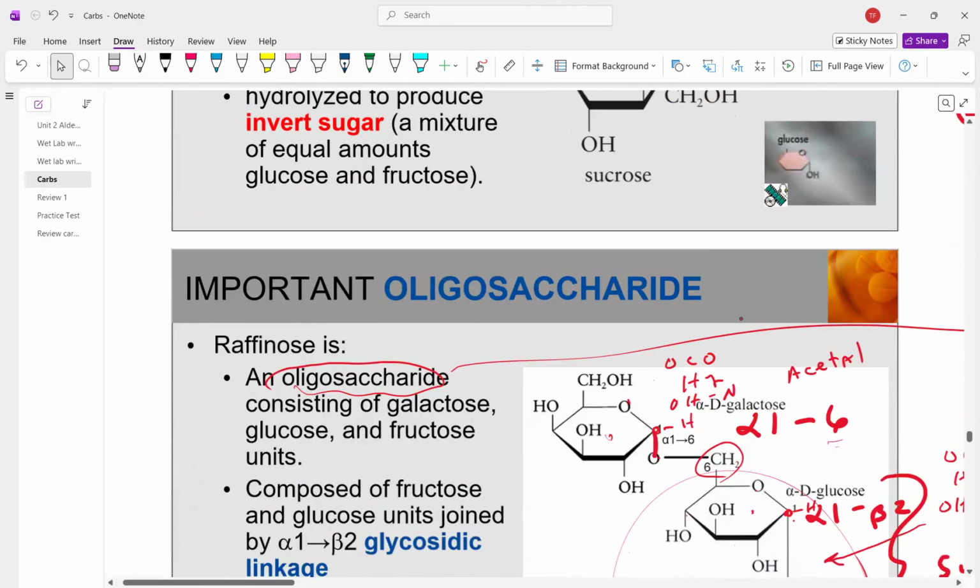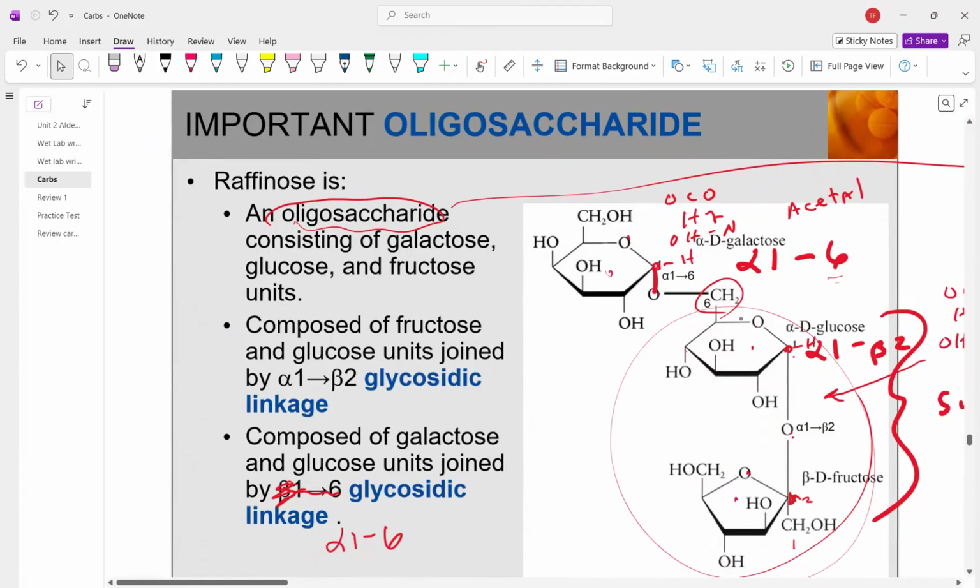Now, an oligosaccharide has from 3 to 10 subunits. It's a more complex carbohydrate. Now, this one is extremely important because it's frequently given to babies in a formula or through the breast milk when they're feeding.